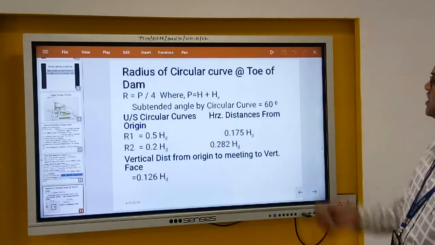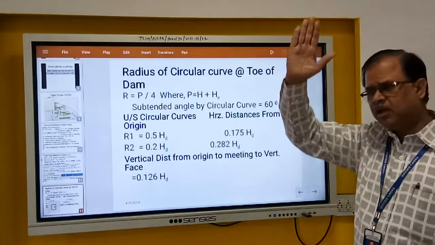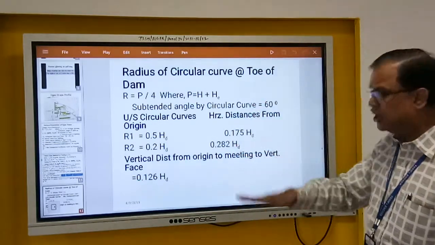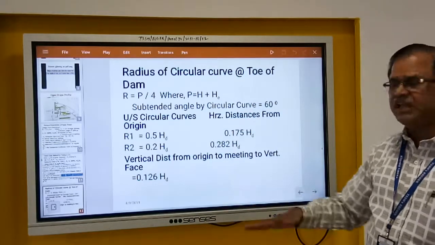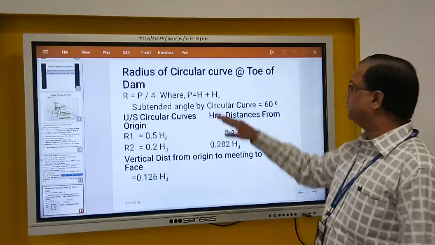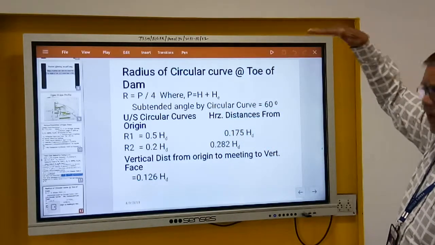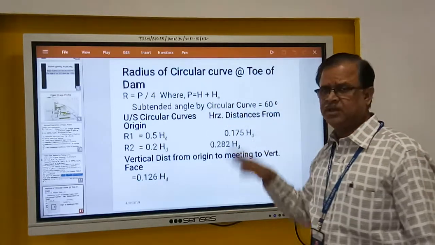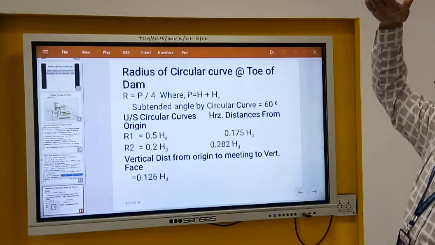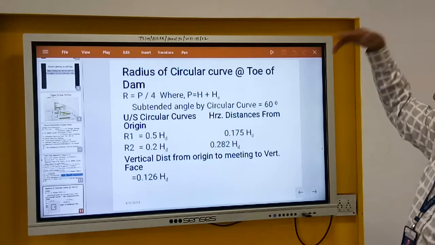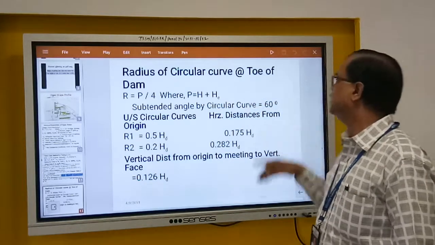Okay. Radius: where the downstream slope of a dam meets the horizontal floor of a stilling basin, the curve is to be provided. That radius is P by 4, where P is the total height of water, up to the maximum water level, that is, from the foundation up to the HFL, which will be H plus He.